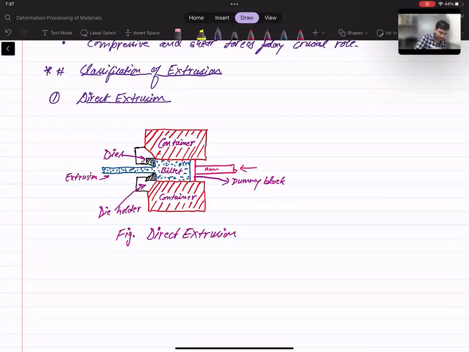Okay. Here the direction of ram, let me write it down here. I've said it frequently.